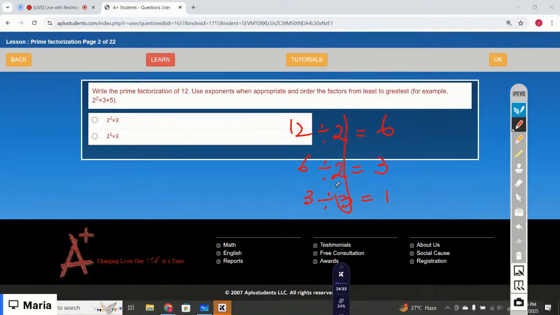So these are the prime factors of 12. They are 2 times 2 times 3. And we can write 2 times 2 as 2 square, so it is 2 square times 3.